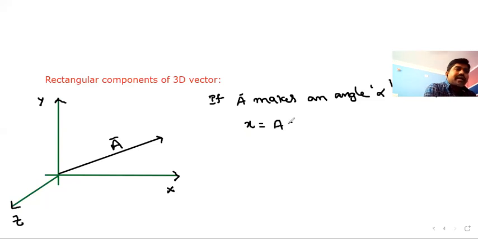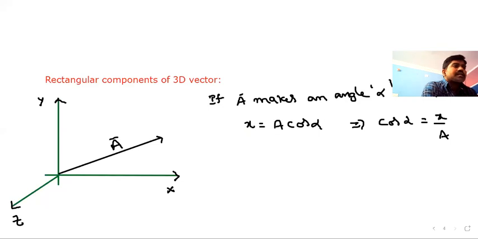That is A cos alpha, since alpha is taken here. And what can we write for cos alpha then? Cos alpha is nothing but x by A. That also you can write. Now, the second point.